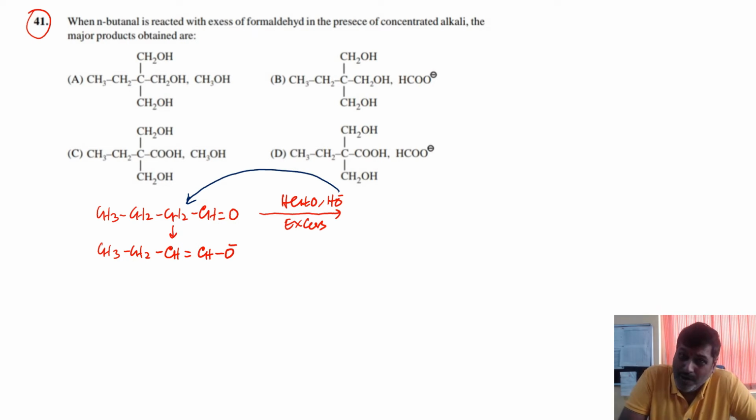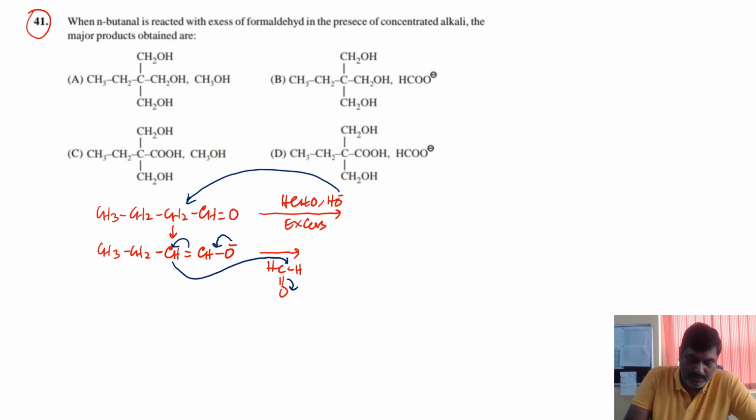This is the enolate of this, right? This enolate will be acting as a nucleophile and attacking over the HCHO. So that is attacking over the H, C double bond O, and there the H. So this one is moving here. It is not the oxygen which will attack. Then this one is moving here, and from there it attacks on this place, and this one is added.